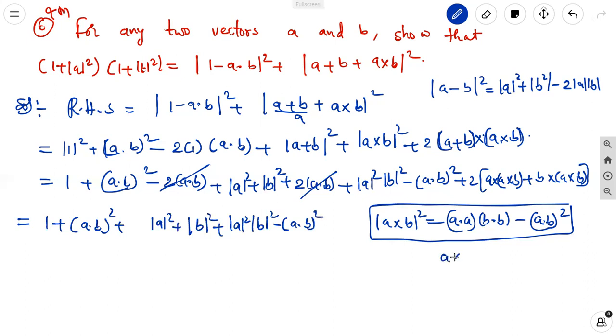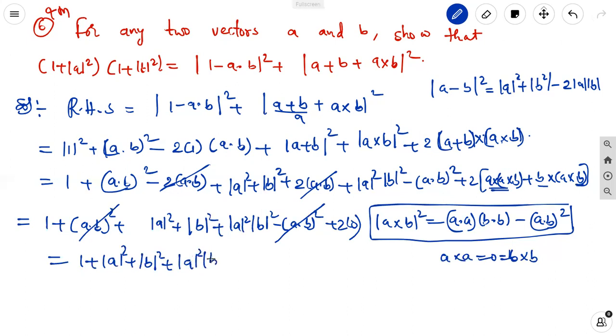Here we know that a cross a equal to 0 equal to b cross b is 0. If in this relation a cross a is there, here b cross b is there, so it will be 0 plus 2 into 0. And here minus (a dot b) plus (a dot b) whole square are also get cancelled. It is equal to 1 plus mod a square plus mod b square plus mod a square into mod b square.